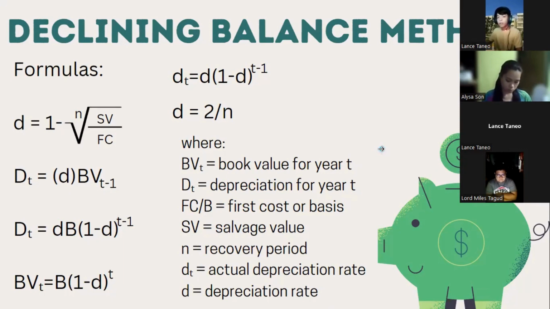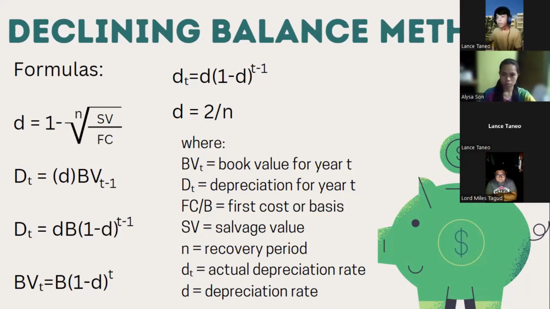Also, we can use dB times quantity 1 minus d to the power t minus 1. In getting the book value for year t, we must use B times quantity 1 minus d to the power t.